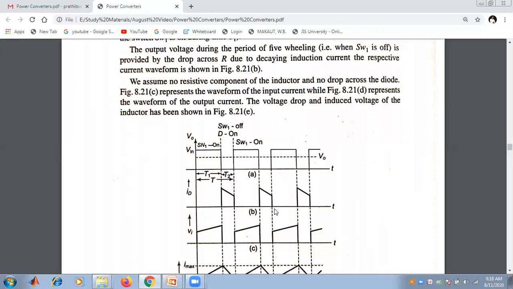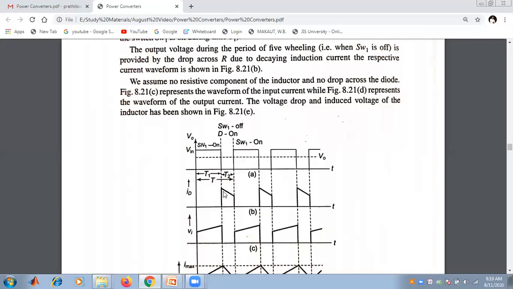When the switch is off, the diode D1 is on. When the switch is on, there is no current through the diode, because at that instant the diode acts as a reverse biased element. But when the switch is off, the diode is in the on condition and the current through the diode is decaying in nature.